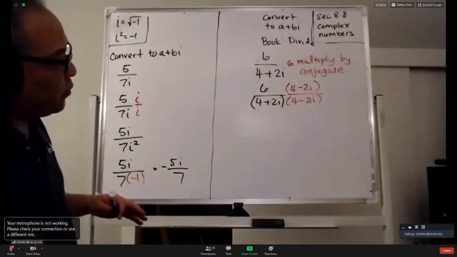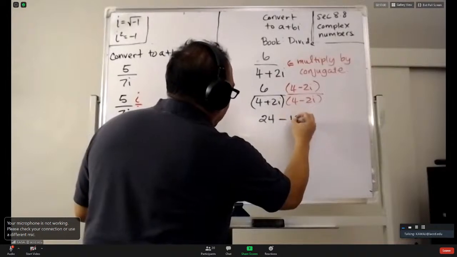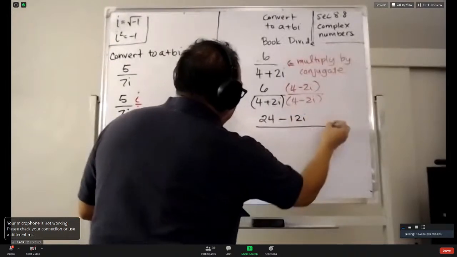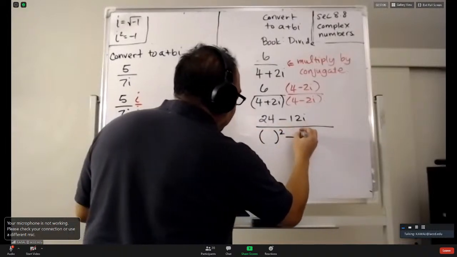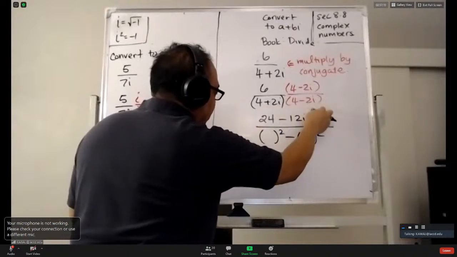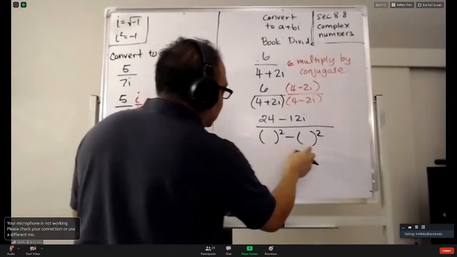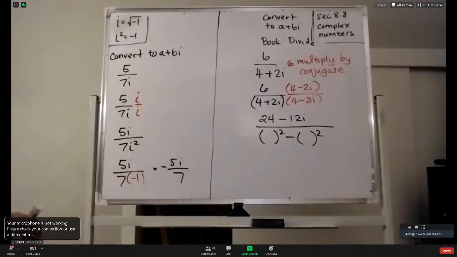The reason why we want to do that is because we want something squared minus something squared. I have a plus b, a minus b, so then I get a squared minus b squared every time. So then you just put the 4 and 2i in there, okay? So go ahead and copy.